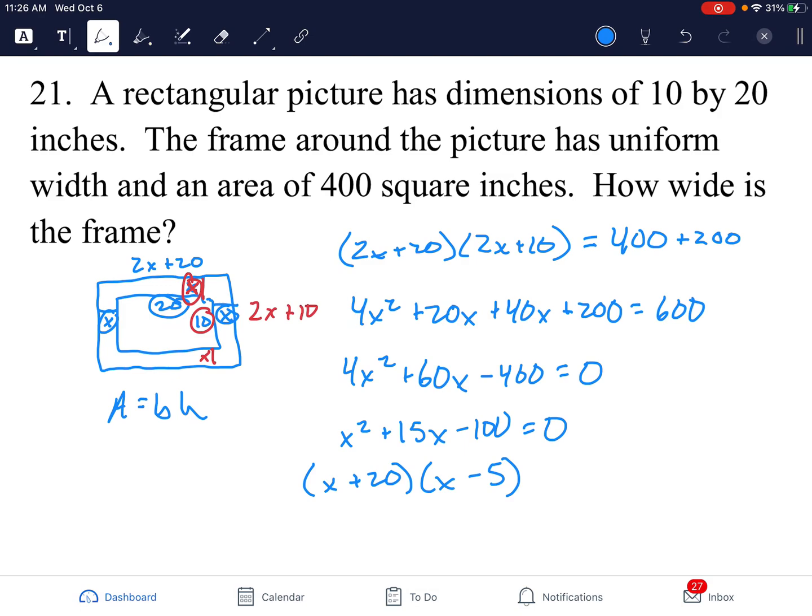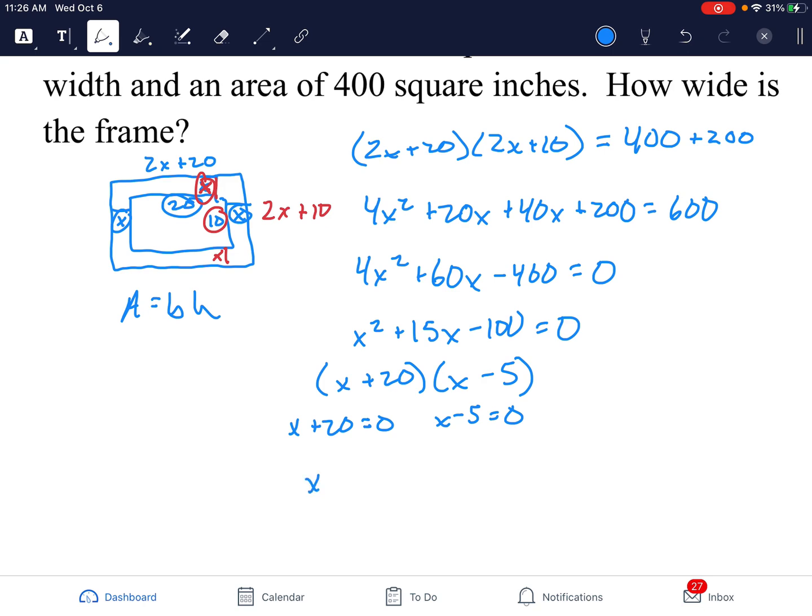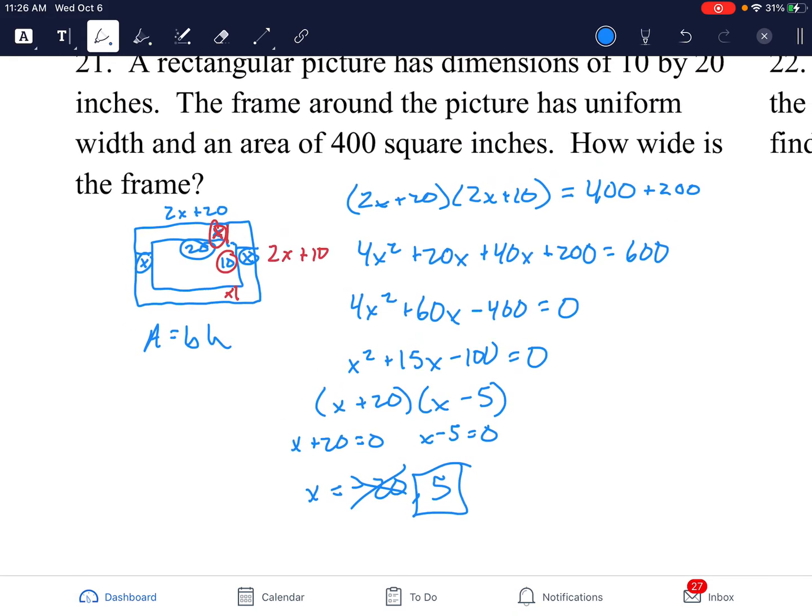Those are my factors. I set each one equal to 0 and solve for x. I will get x is equal to negative 20 and positive 5. Can't have a negative distance, so my answer is going to be 5. So it is 5 inches wide for the frame.